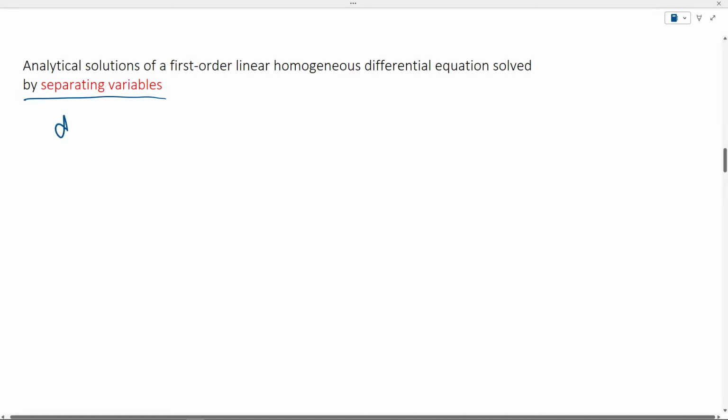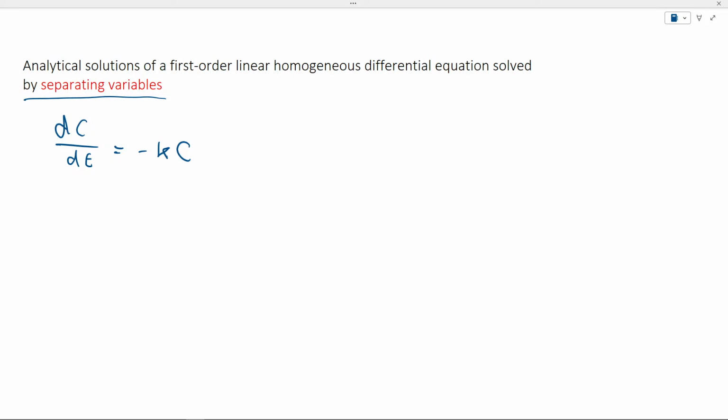So here, this is the relationship: dc over dt is equal to negative kc. How to solve this? We can use a technique called separation of variables. Basically, I will separate the dt from the dc. So let's do it. Here I will say integration. To solve this, you need to integrate, because remember, to solve a differential equation you need to integrate.